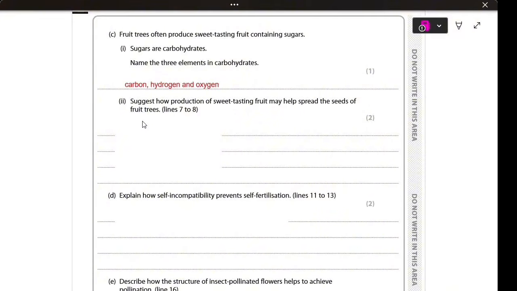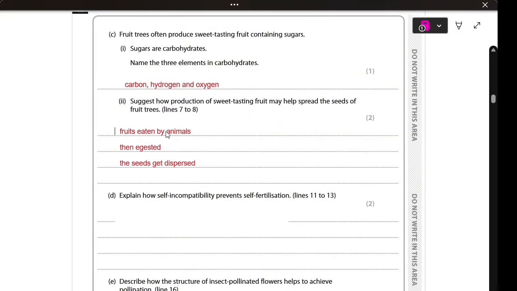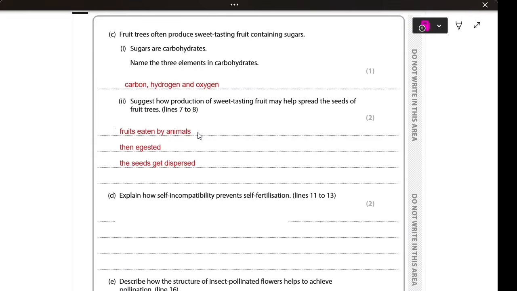So they will ingest it and the seeds will be dispersed around a bigger area so they can grow into a new plant. So fruits are eaten by animals, then ingested, and the seeds get dispersed.